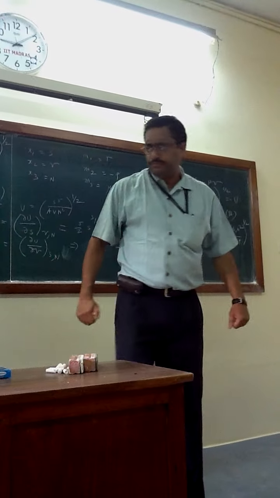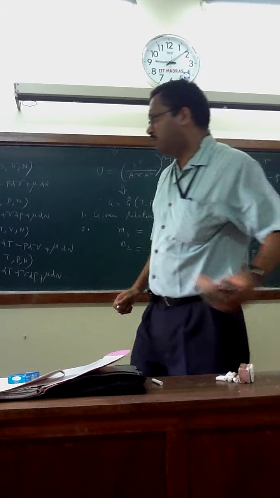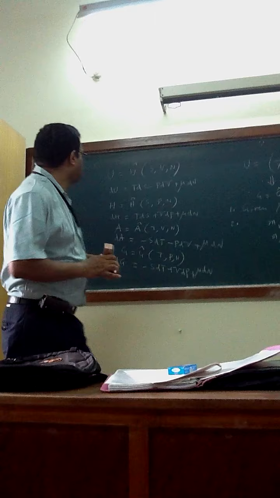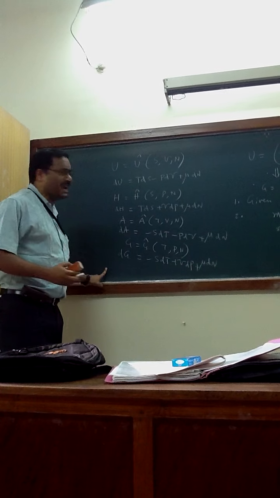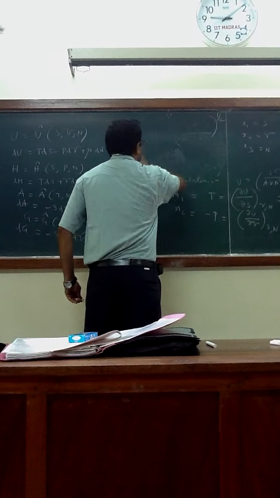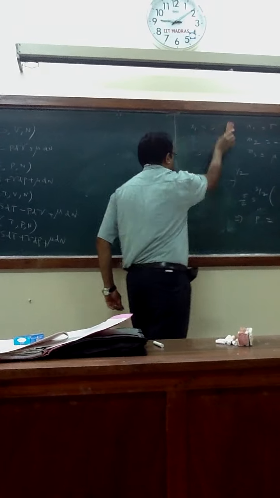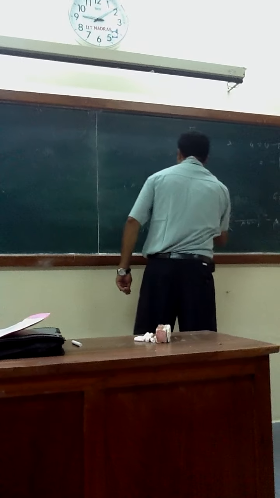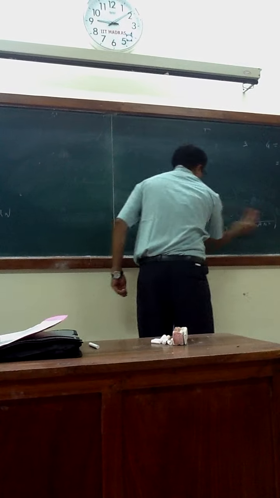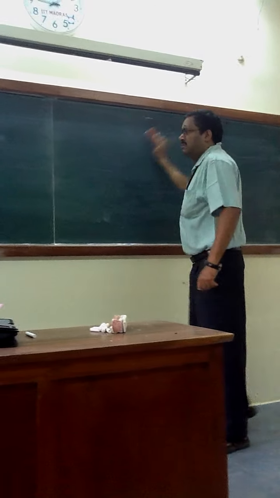Okay, now let me discuss one thing, the massieu functions. From here, one can have the Massieu set. What is the Massieu set of functions? It is the entropy representation, right? I have discussed it.